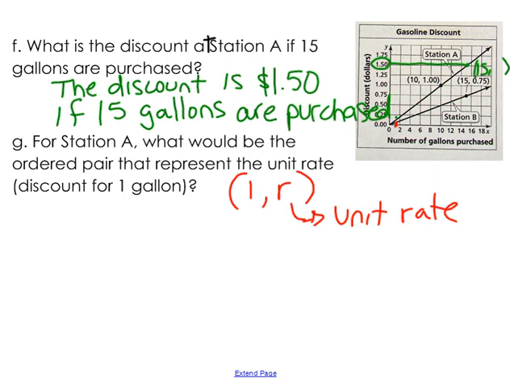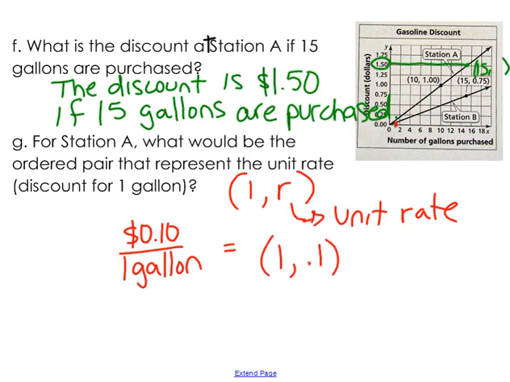Now off of the graph, it is a little bit hard to tell, but we already have the slope, and the slope is the same as the unit rate. So since the unit rate is 10 cents per 1 gallon, we could write the ordered pair as 1 comma 1 tenth. And if you want, you can have a 0 in there. So that would be your ordered pair that represents the unit rate.